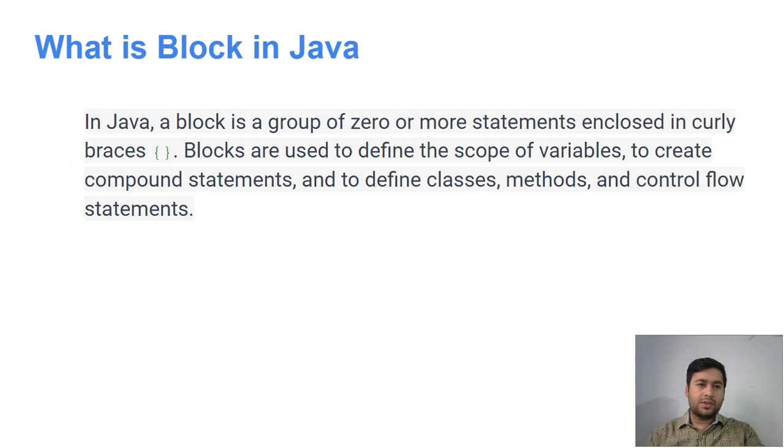Those are the things we need to know. But if someone asks you what a block in Java is, you can say it is whatever we have written inside curly braces, and a block may have a name, like static, non-static, finally. Like that, these blocks are available in Java.